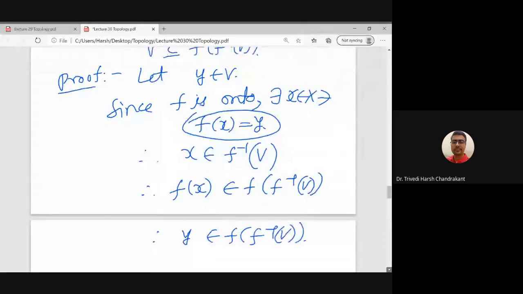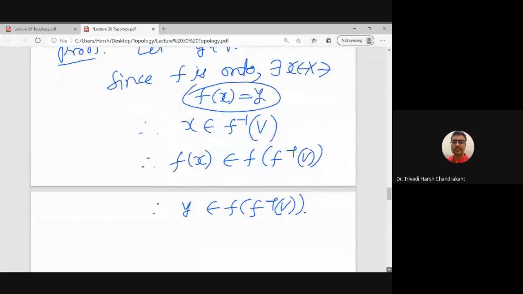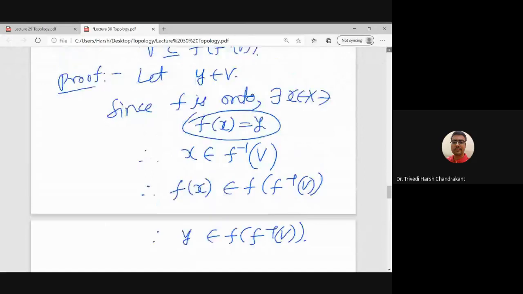So just simply using f of x equal to y, what we proved is every element of V belongs to f of f inverse V. So the converse is true when f is onto.